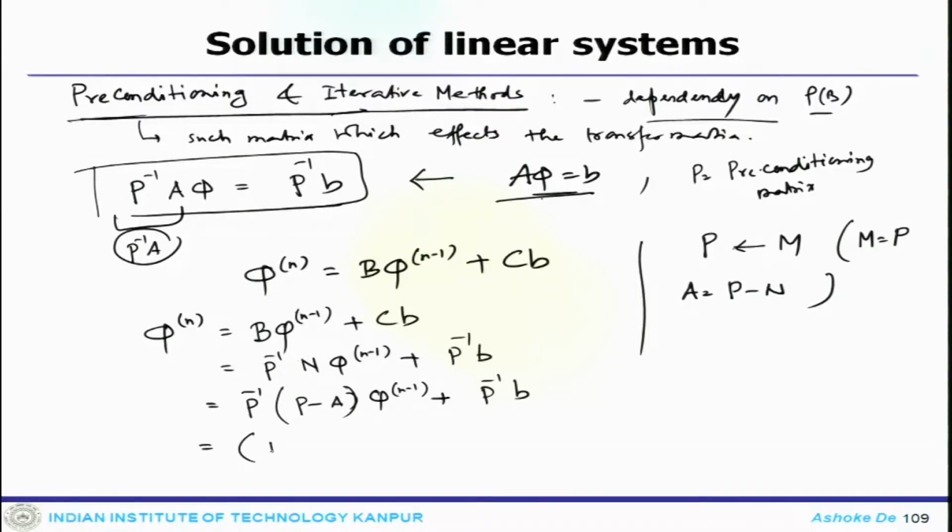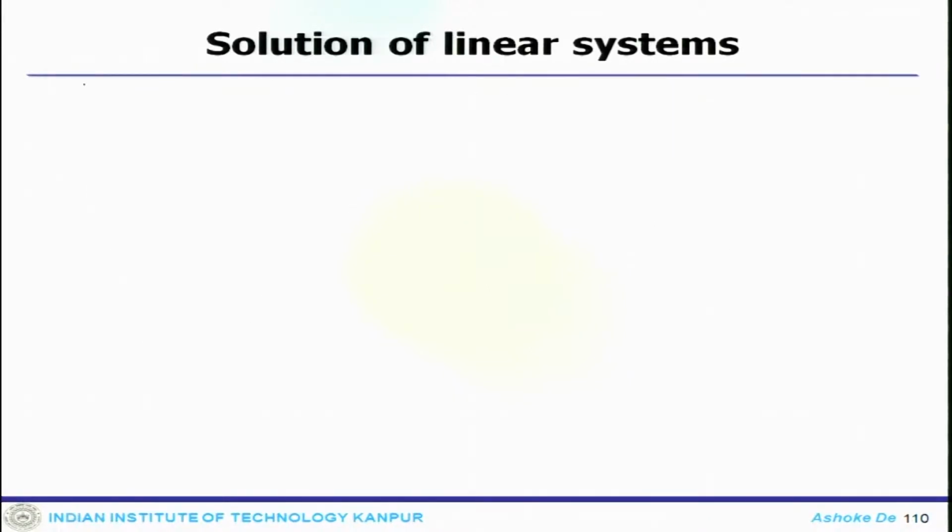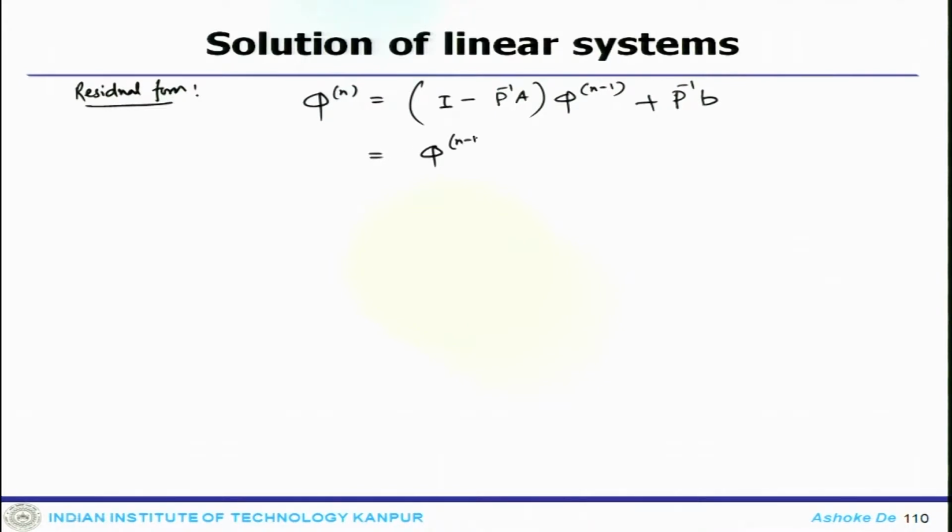So, one can write that identity matrix minus P inverse A, phi n minus 1, plus P inverse B. In residual form, one can write phi n equals I minus P inverse A phi n minus 1 plus P inverse B, which will be phi n minus 1 plus P inverse B minus A phi n minus 1.